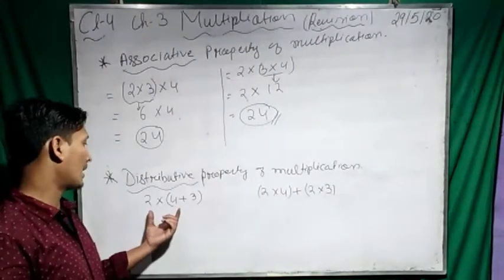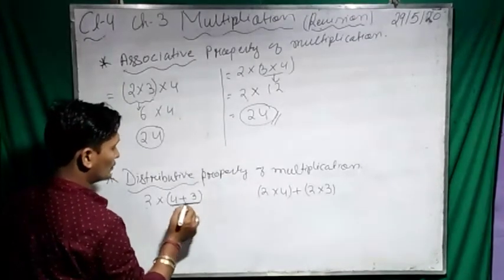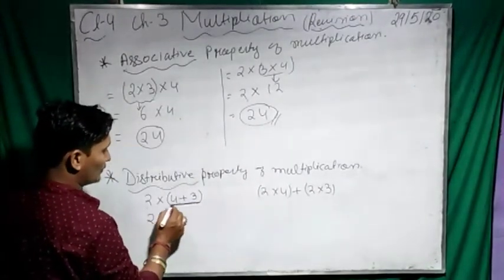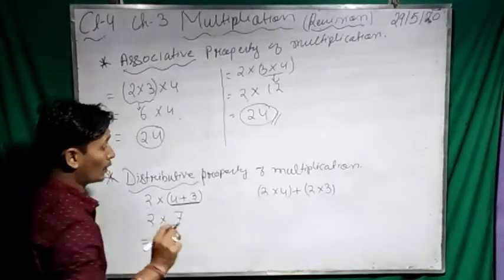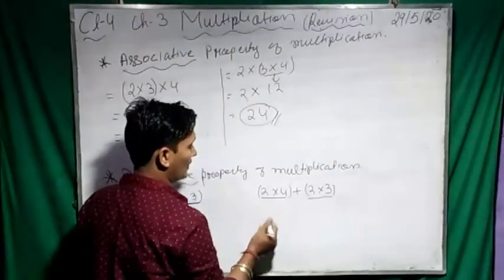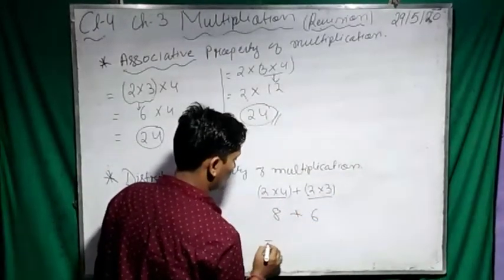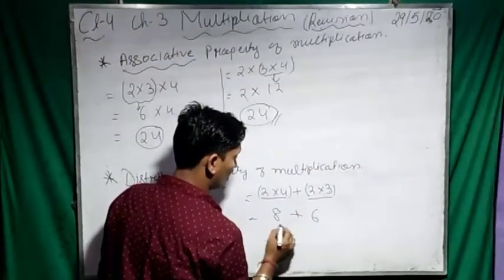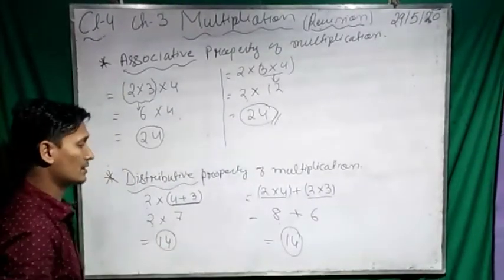Either we multiply the number with the sum of these 2 numbers. Suppose 2 multiplied by (4 plus 3, which is 7). What will be the answer? 2 times 7 is 14. Or first we will multiply 2 times 4 is 8 and 2 times 3 is 6. So what will be the answer? 6 plus 8 is 14. The answer will remain the same.